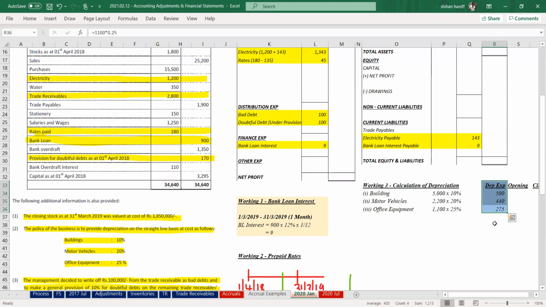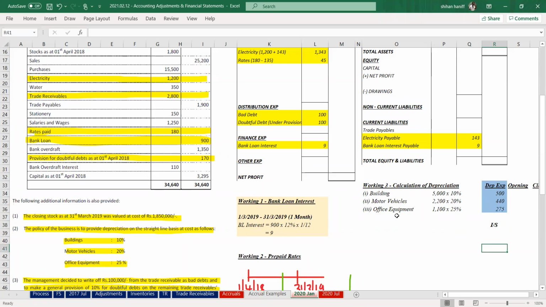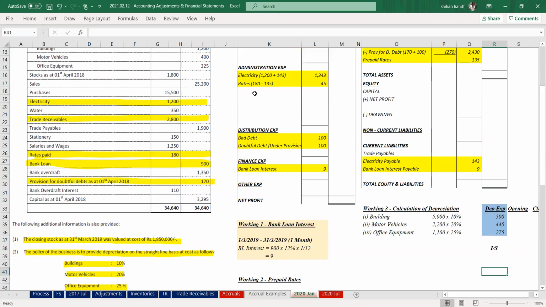So these expenses will be recorded in the income statement: building, motor vehicles, office equipment. Building and equipment come under office administration. Motor vehicle, we normally take under distribution expense.